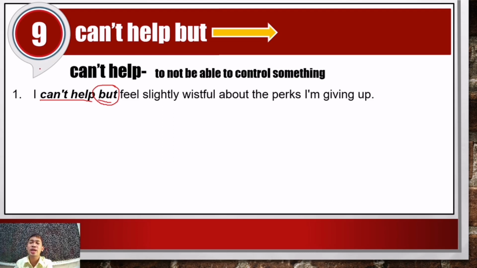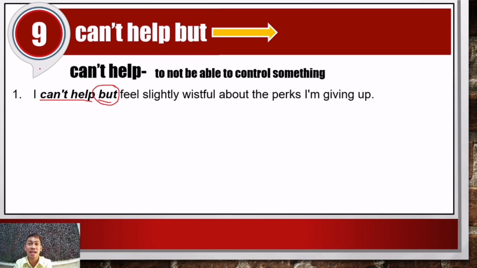So therefore, we need to add a word that is directly receiving the transitive verb can't help. So to better correct that one, we need to transform the base form of the verb that comes after the conjunction but into a gerund. All right? When we talk about gerund, it's the ing form of the verb that functions as a noun.